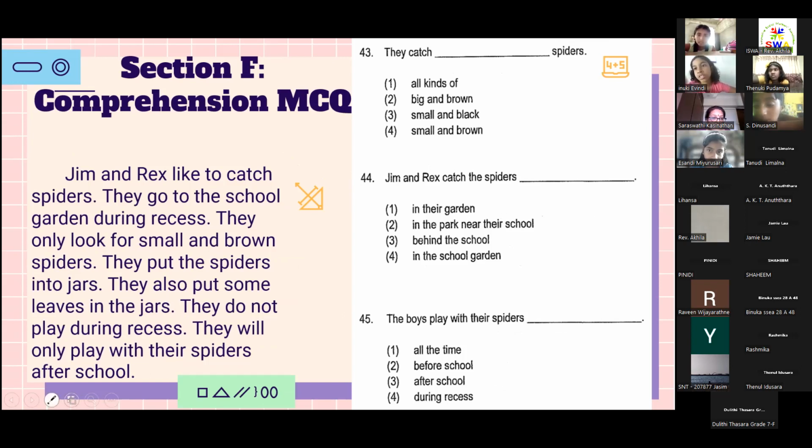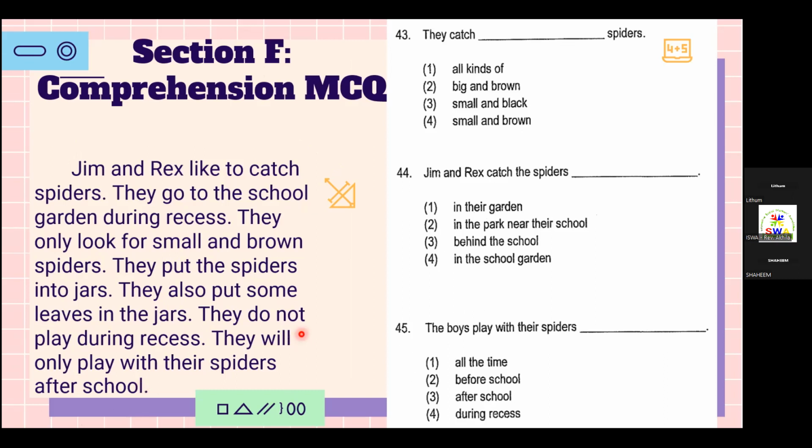They catch small and... Try again. Sorry, I couldn't hear you. They catch small and brown spiders. Okay, let's see. Is that the right answer? Yes, you are right. They catch small and brown spiders.